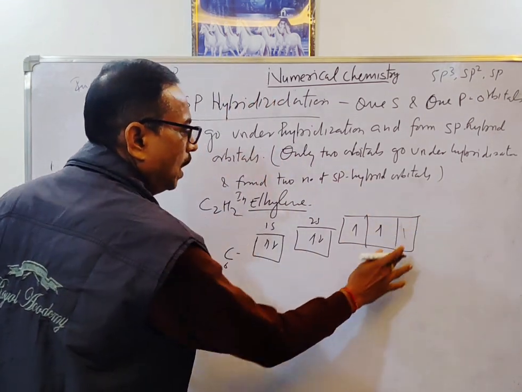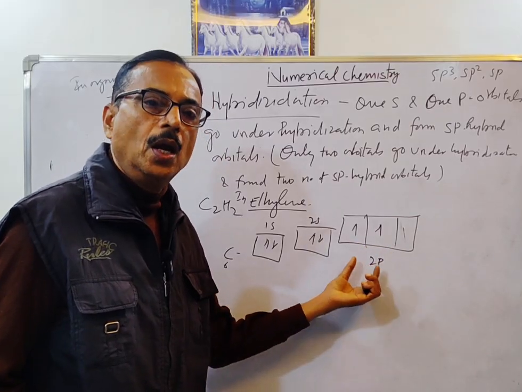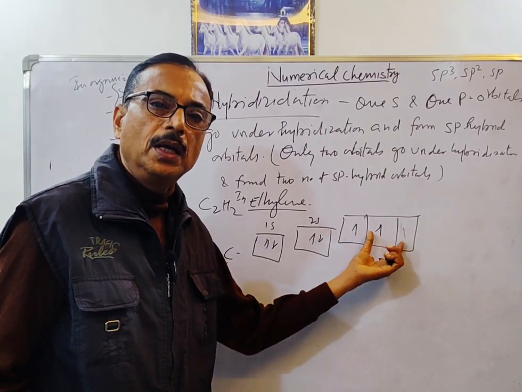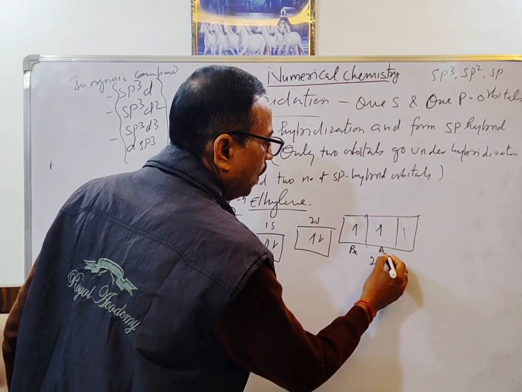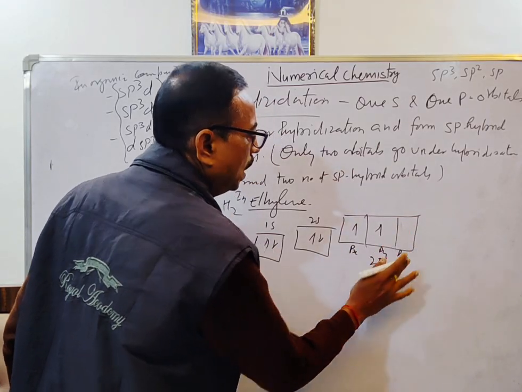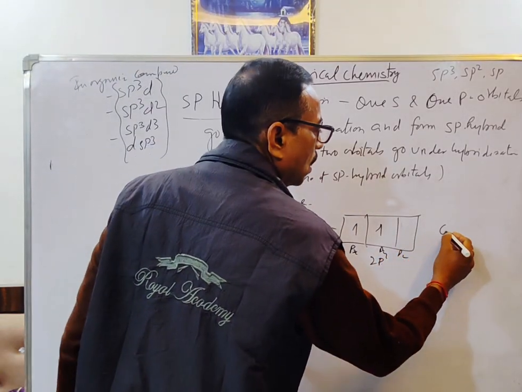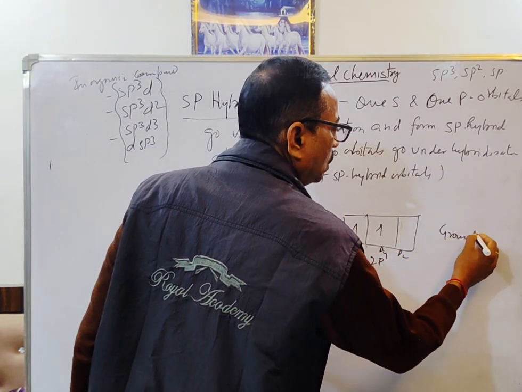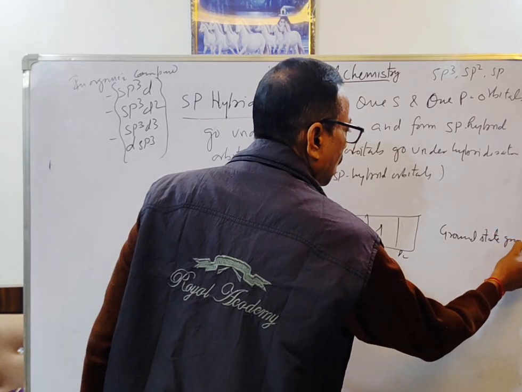There are three orbitals in 2p, along the px, along the py, and along the pz. So pz is empty. This state is called the ground state. There is no bond formation in the ground state.